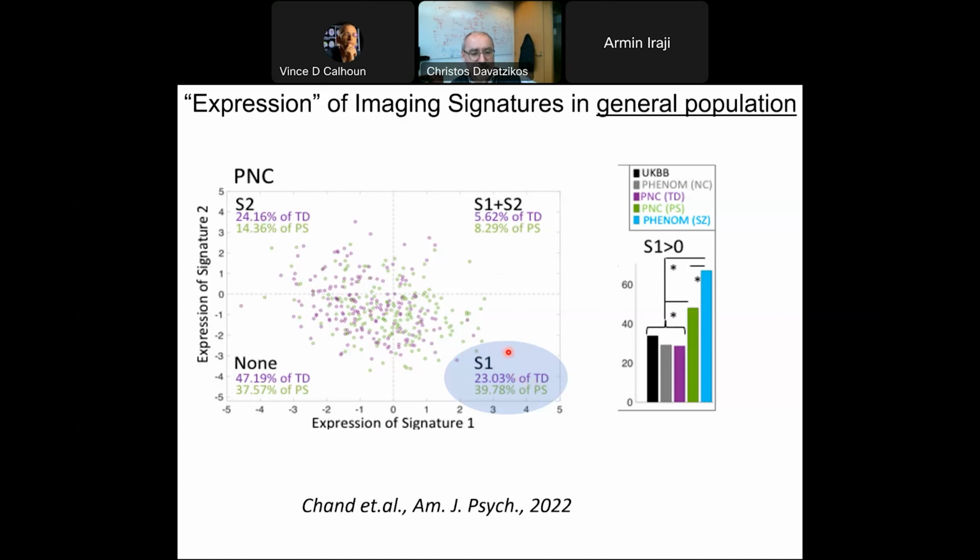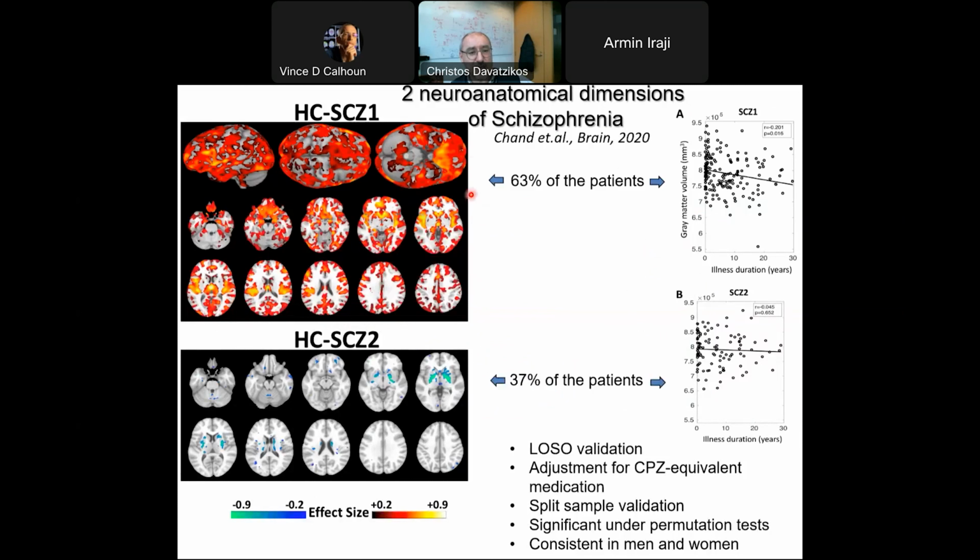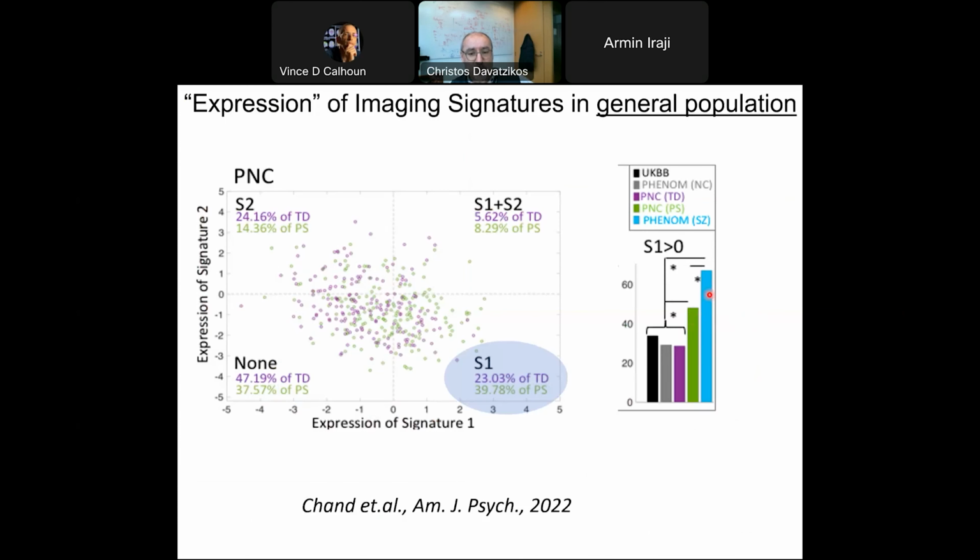And we found, essentially, and this bar plot shows the gist of it, that if you look at the healthy controls in PHENOM, which is in gray, and the PNC people who were typically developing, and even the same thing in UK Biobank, they had low scores of expression of this S1 anatomical signature, which is basically this type of reduced brain volumes in this particular pattern that we have seen in schizophrenia. But people with schizophrenia in PHENOM had an increased signature, as expected by construction.